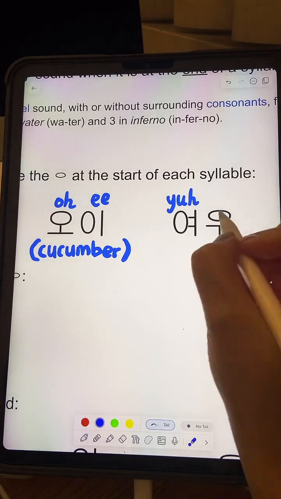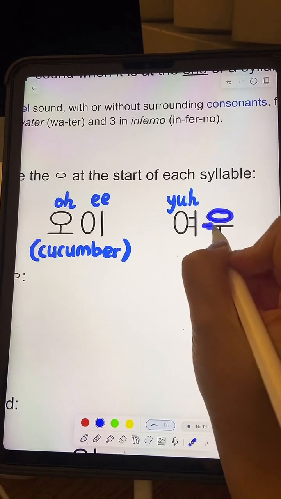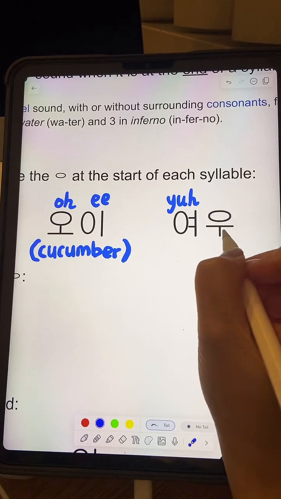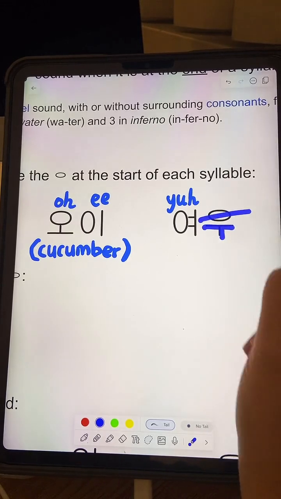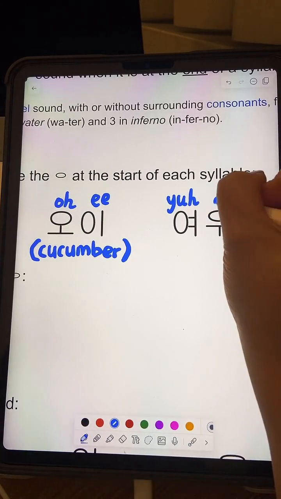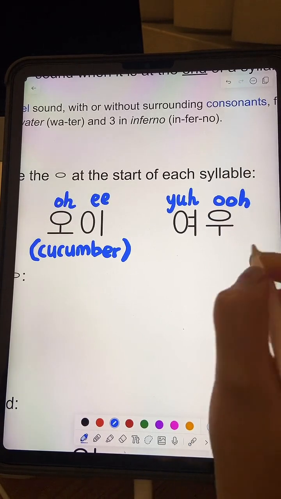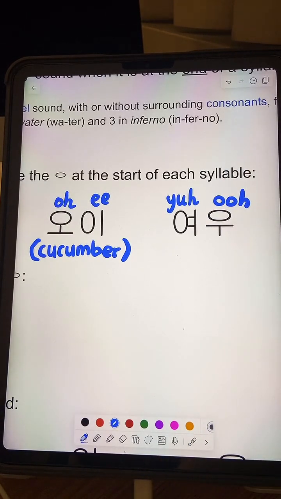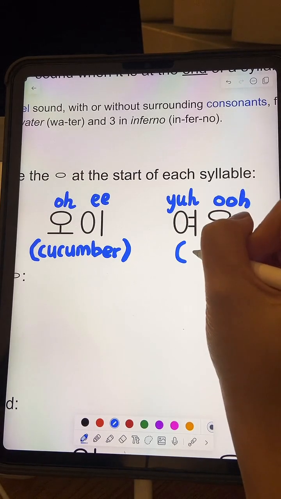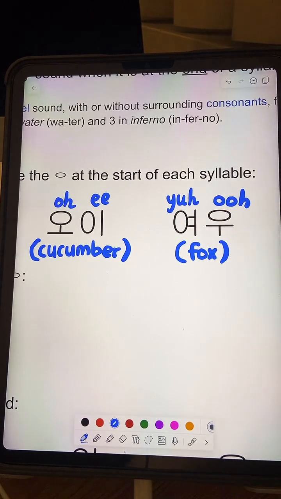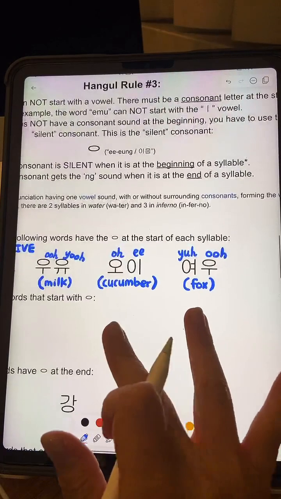And then we have silent oo. Oo vowel, right? So all it is yo. What does yo mean? Fox. 입니다. 네. So there we have it.